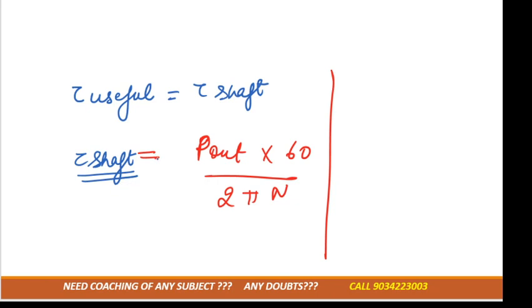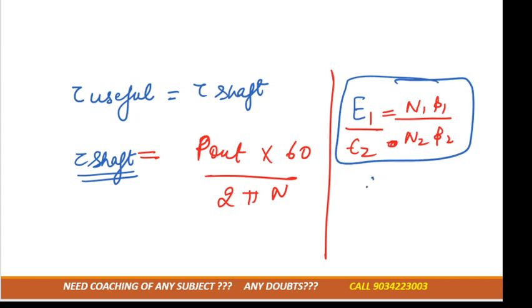Now we have one more formula, the relationship between EMF, speed and flux: E1 divided by E2 is equal to N1 phi1 divided by N2 phi2. How does this formula come?